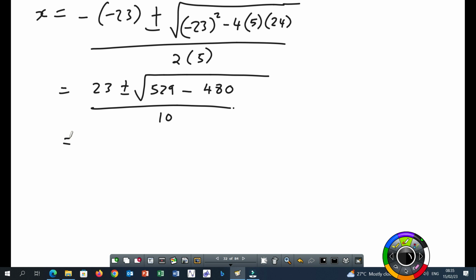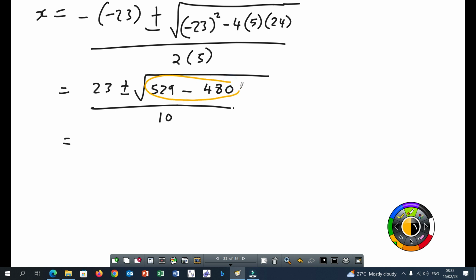Okay? Please be aware that this is the discriminant. Whatever number we are going to get there, that's our discriminant.